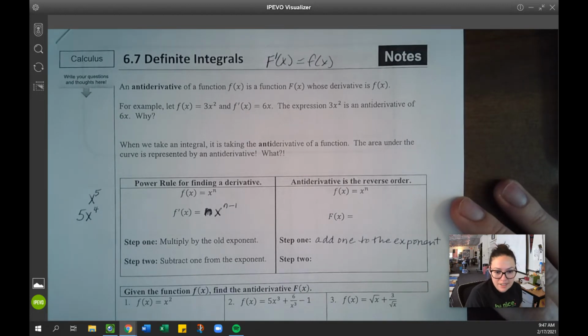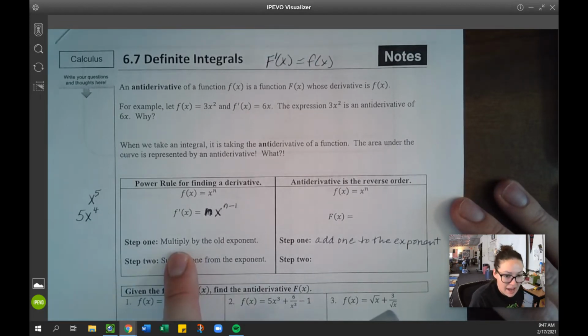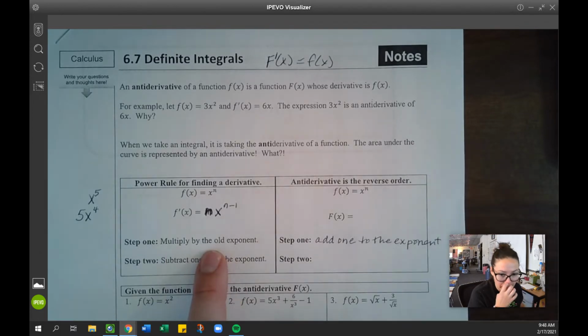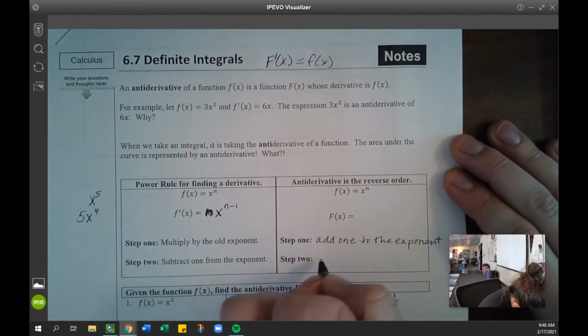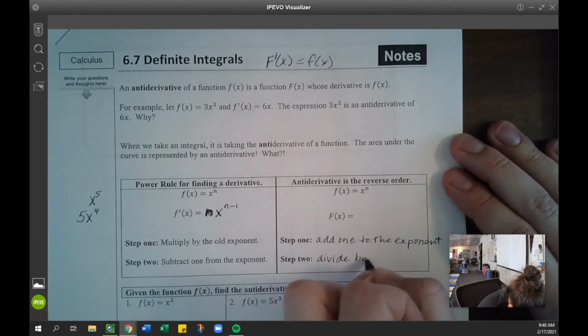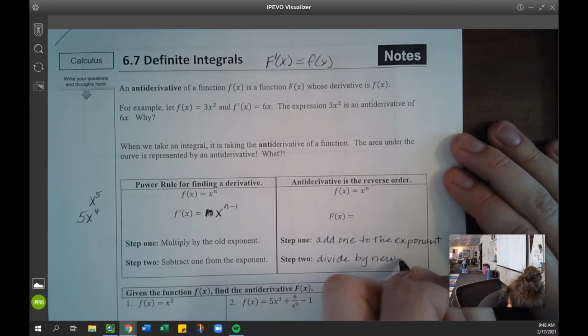And then I need to do the opposite of multiplying by the old exponent, which is to divide by the new exponent.